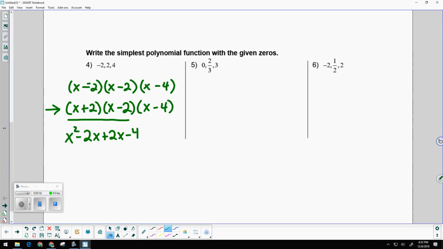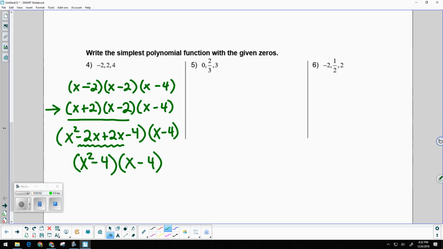I still eventually have to multiply that times x minus 4. Now I'm going to simplify this polynomial because -2x plus 2x is 0, which leaves me with just x squared minus 4. It doesn't always happen that way. We get kind of lucky here. And then we have to multiply that times that third factor.